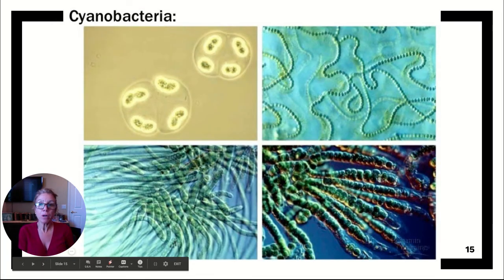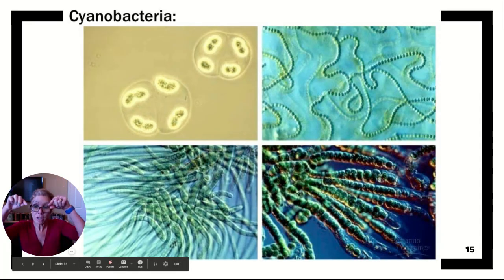Now, if I was going to pick a poster child of bacteria, I would pick cyanobacteria, for 2 reasons. One, they do a ton of photosynthesis for our planet, fixing CO2 into sugar. Two, remember from the biogeochemical cycles, the nitrogen cycle, the reservoir for nitrogen is in the air.